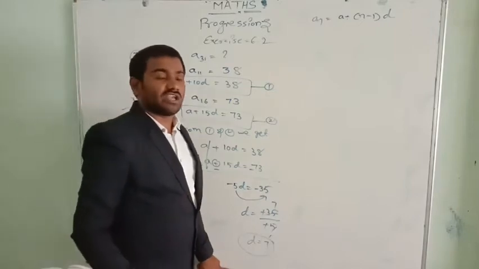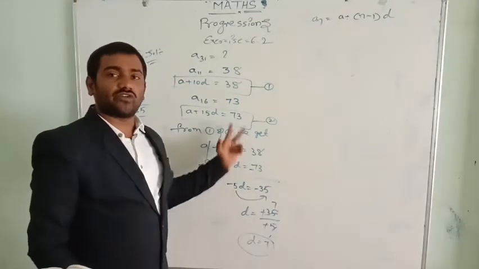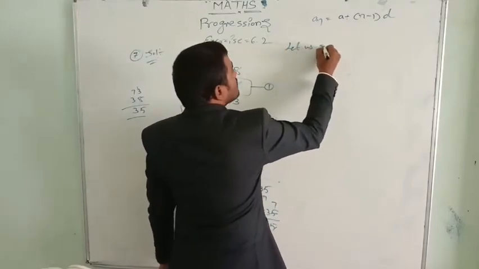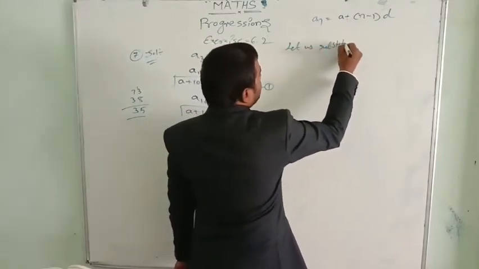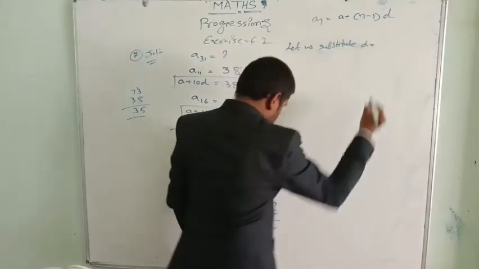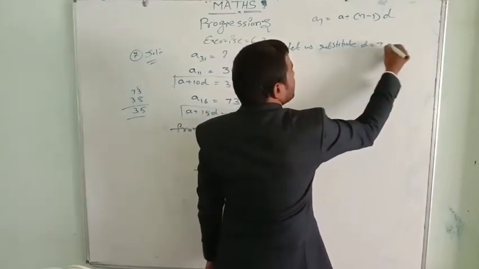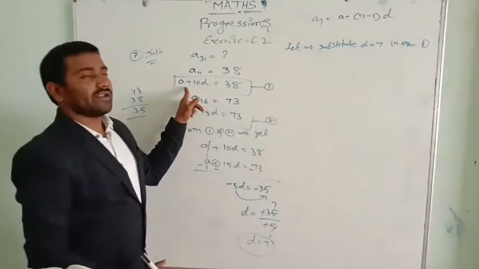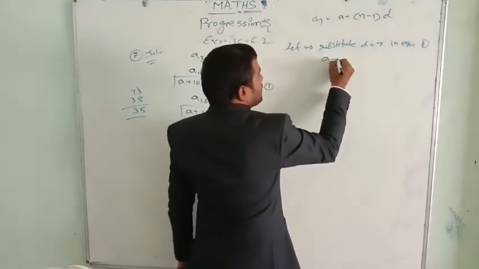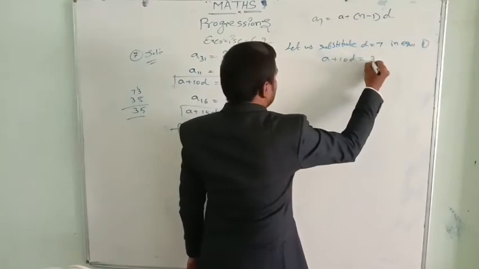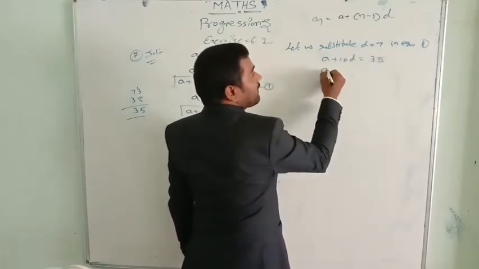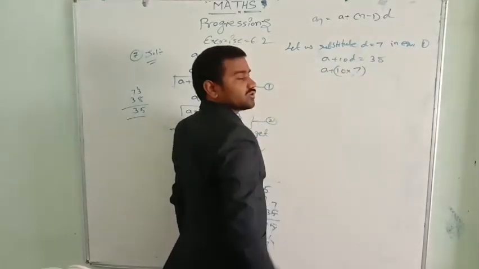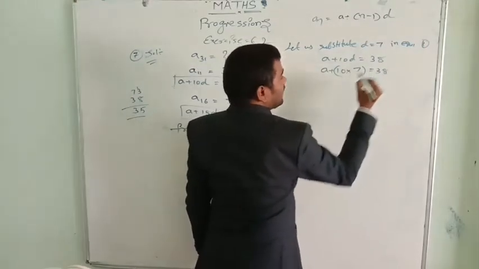Let us substitute this D value in equation number 1 or equation number 2. Let us substitute D equal to 7 in equation number 1. What is equation number 1? A plus 10D equal to 38. A plus 10 into the D value, 7, equal to 38.